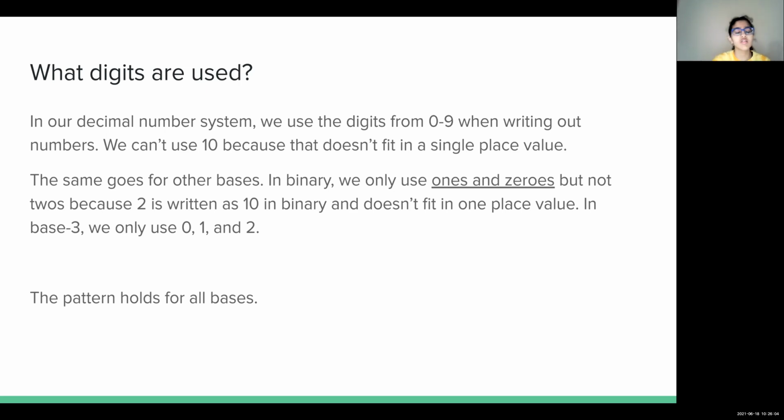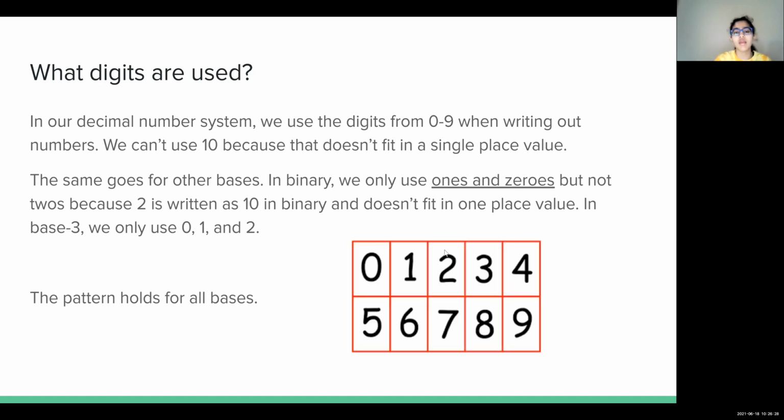Just because you should be able to know it doesn't mean you have to know how to do it quickly, because again, this is probably new to all of you. But you should be able to know how to do it. So again, for all bases, we can only use 0 up till the value that is 1 less than the base number. For base 10, it's 0 to 9.